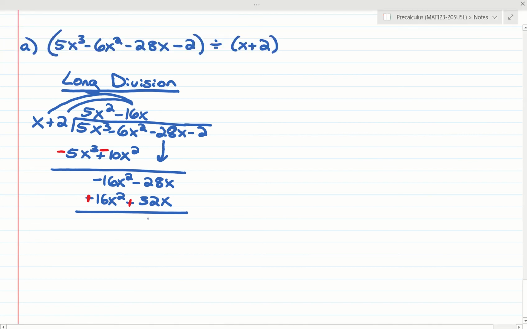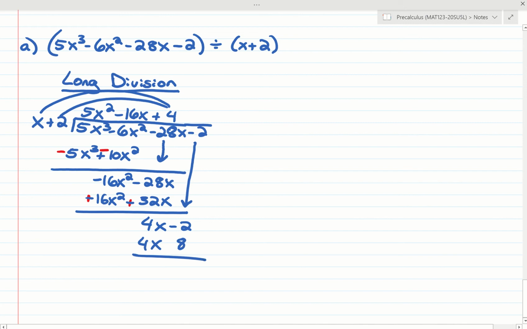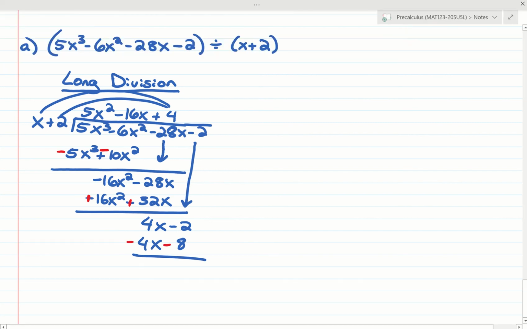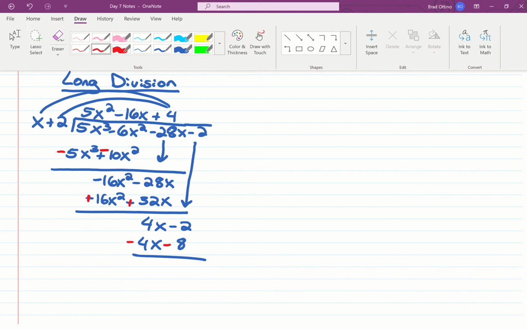And we get 4x minus 2. So x times what is 4x? 4. So 4 times x is 4x, and then 4 times 2 is 8. Remember, we have to subtract these, and we get a remainder of 10.